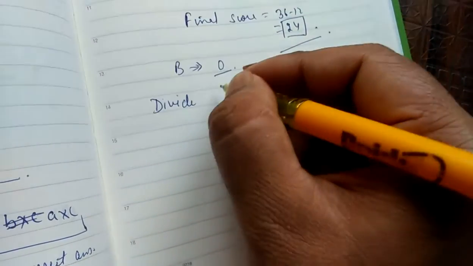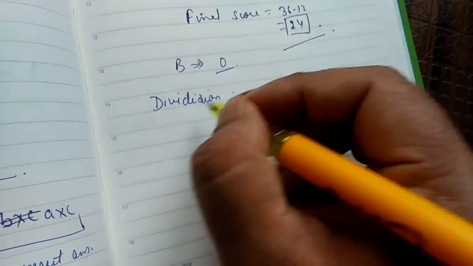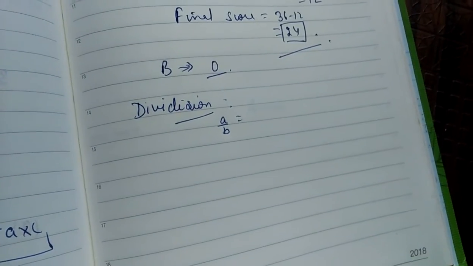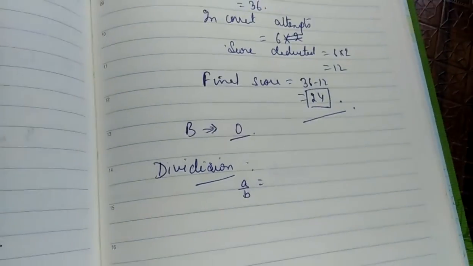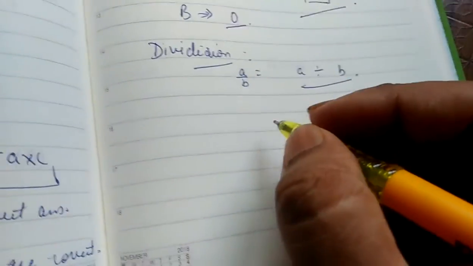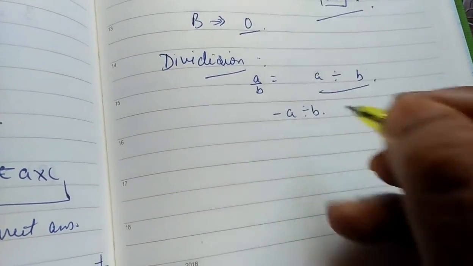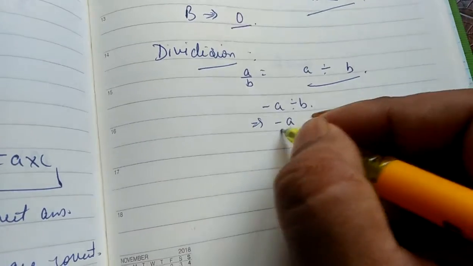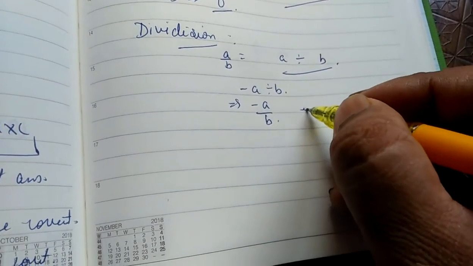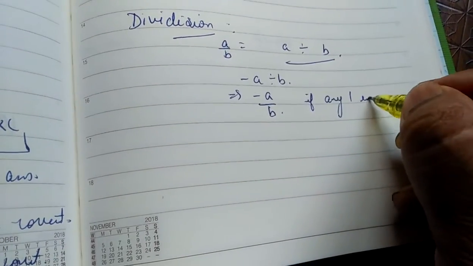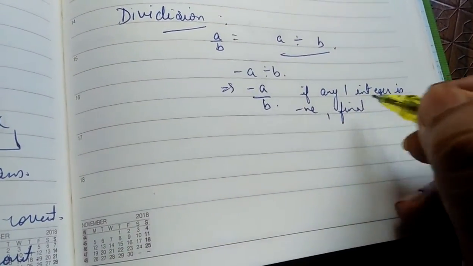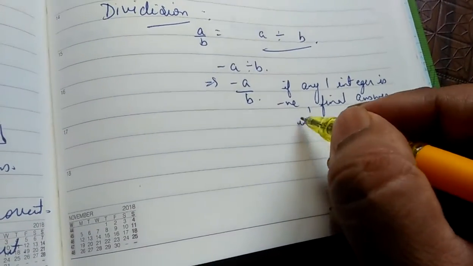Division, A by B. Let's say A divided by B, this is how division is written. So minus A divided by B, this is minus A by B. As you see, if any one integer is negative, the final answer is negative.